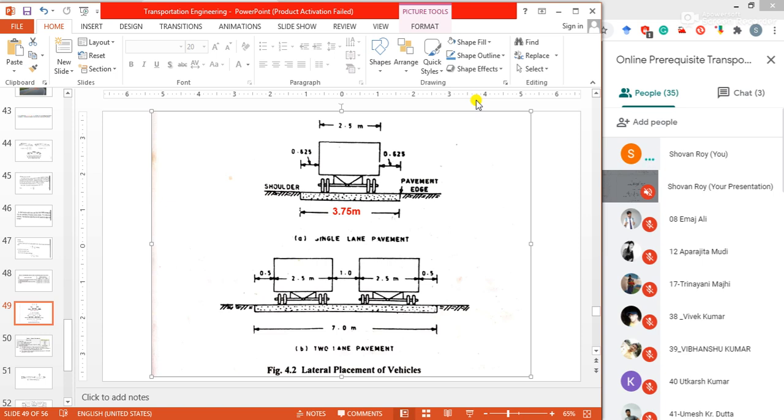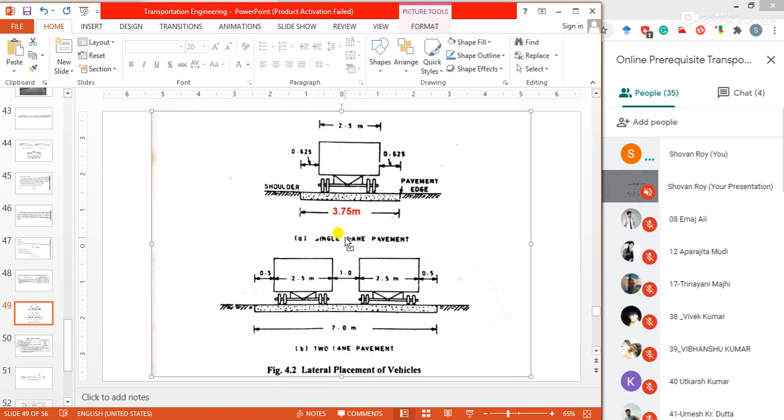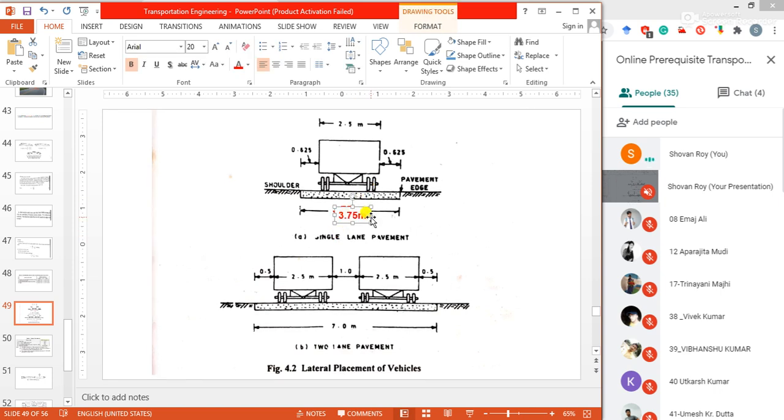In the case of two lane pavement of width 7 meter, this is for single lane.